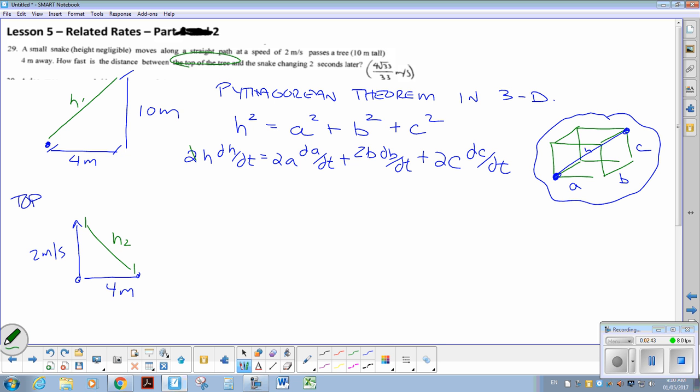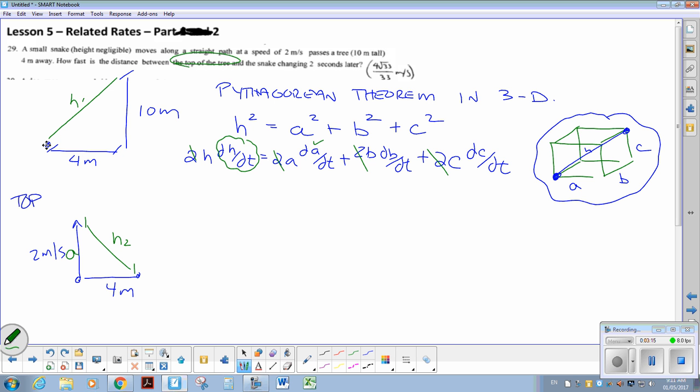Right away the 2's will all cancel out. dH by dt, that's what we're looking for. We're looking at how fast the distance between the snake and the top of the tree is changing. If I call the distance the snake travels a, then dA by dt is how fast the snake is traveling.